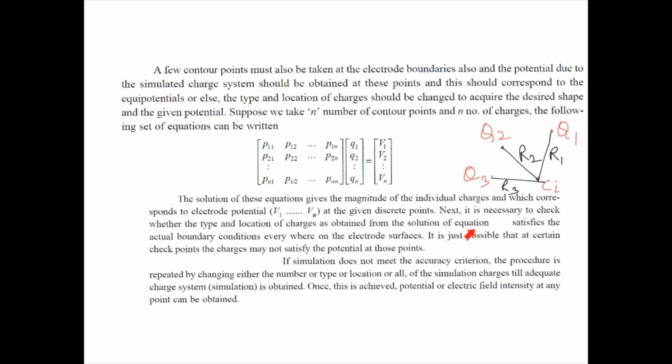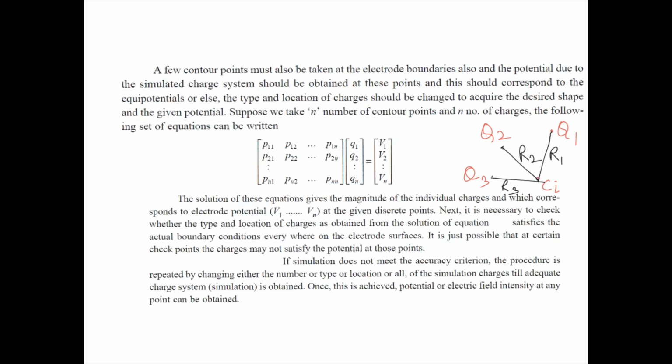In order to check the correctness of these charges, we need to consider a few other points on the boundary of the electrode where the potential is known to us. These points are called checkpoints. So checkpoints are the points on the electrode surface where the potential is known to us.